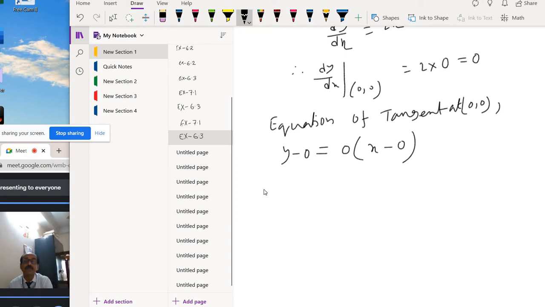So y equal to 0. Okay, this is the equation of tangent, y equal to 0.